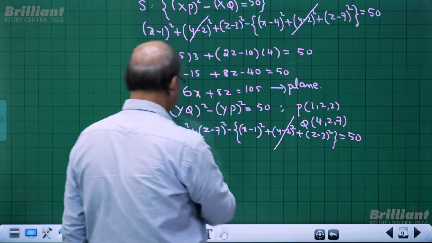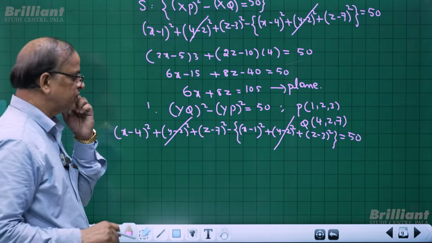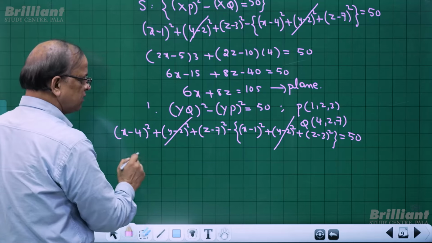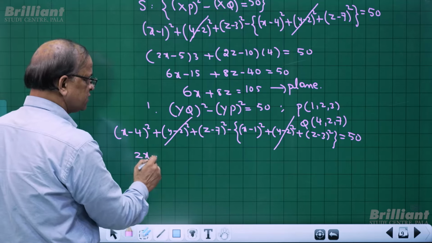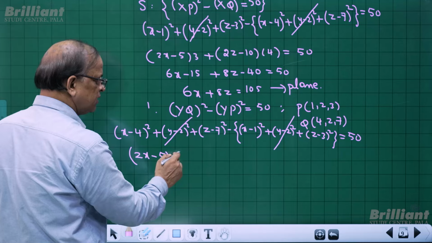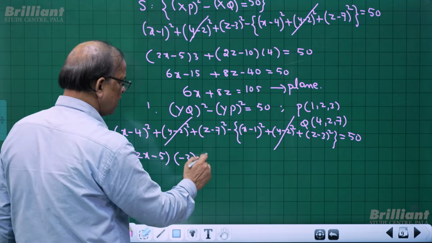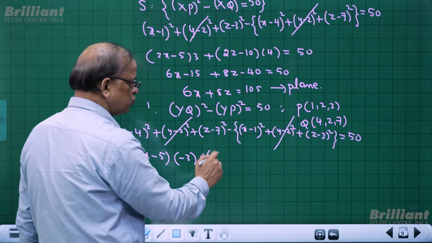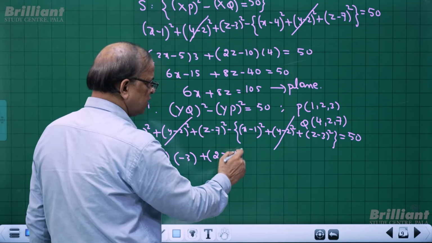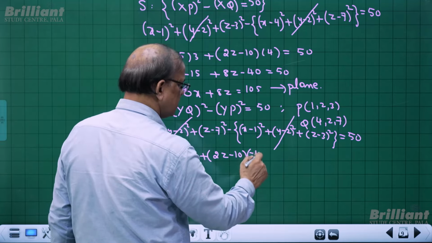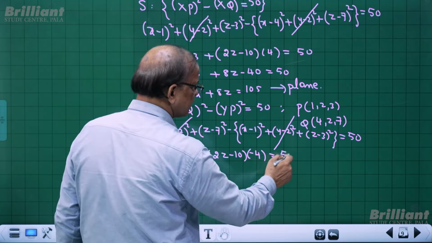The (y minus 2) whole squared terms cancel. Again a squared minus b squared: (2x minus 5) into minus 3, and here also (2z minus 10) into minus 4, equal to 50.